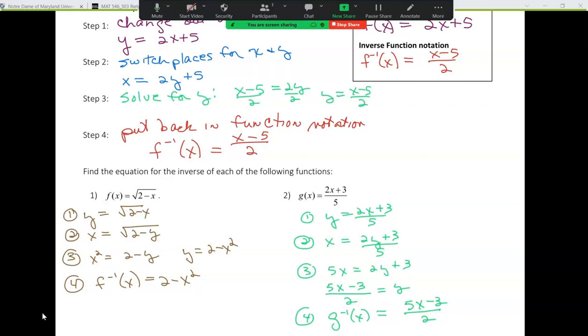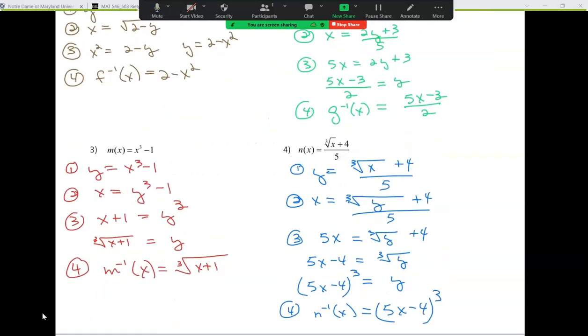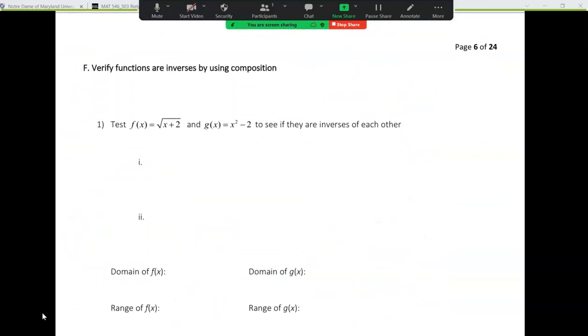Okay, we have one more major thing to talk about, and that is verifying you have inverses by composition. The textbook, and we want you to read the textbook, calls this the inverse function property.